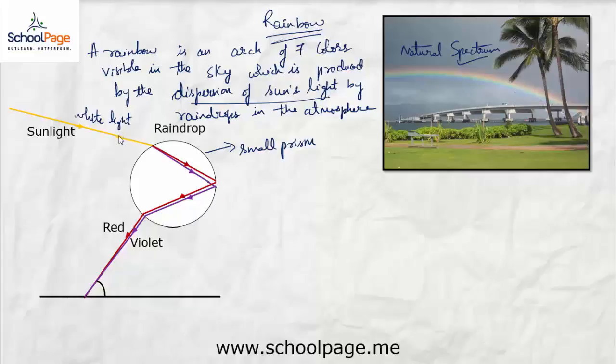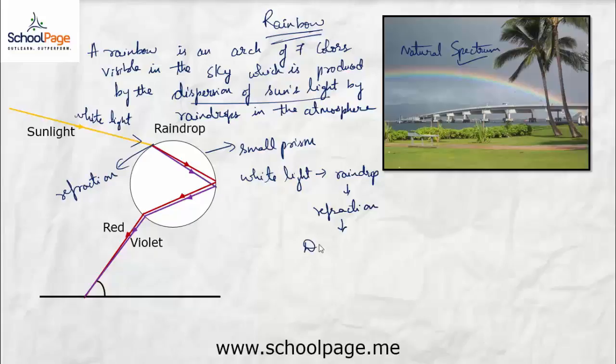As the white light enters into the raindrop, it undergoes refraction and then it undergoes dispersion. So here you may notice that the white light is split into 7 different colors to form a spectrum.